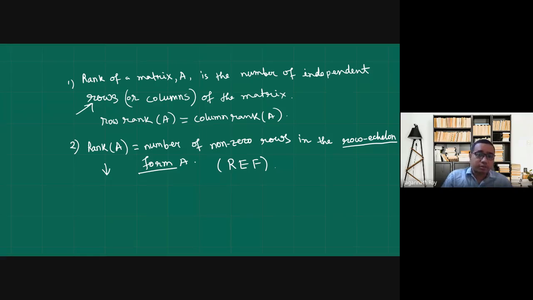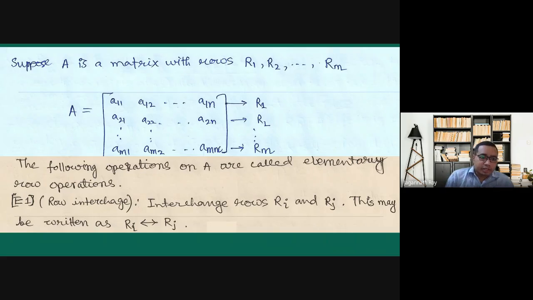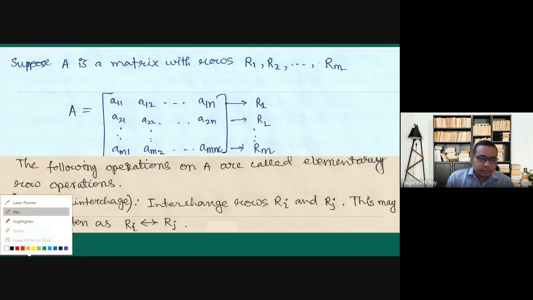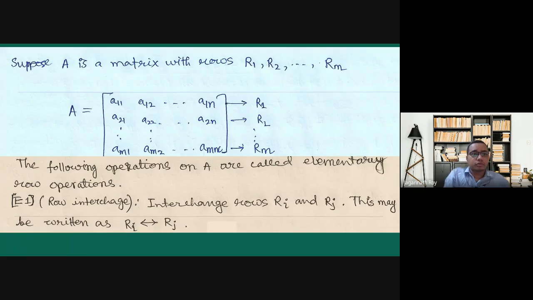But before that, we have to go back and recall that there are three types of row operations. So for a given matrix A, we are writing row 1, row 2, and row n.